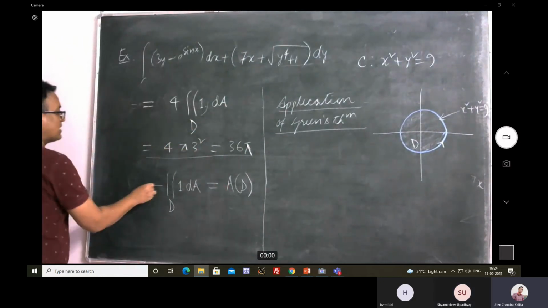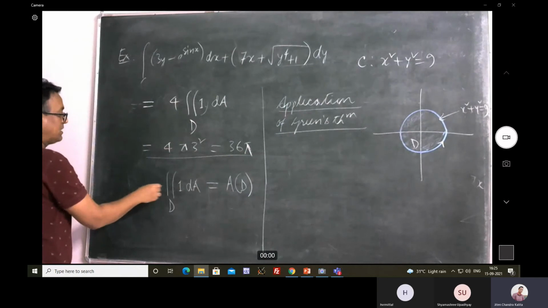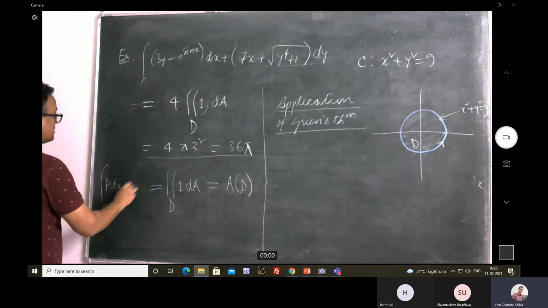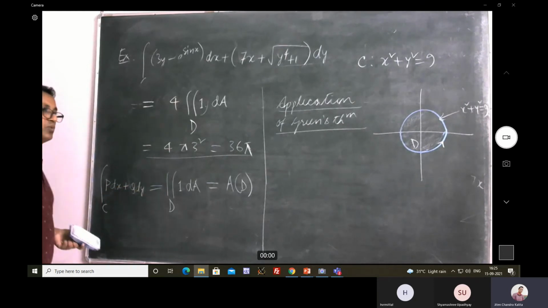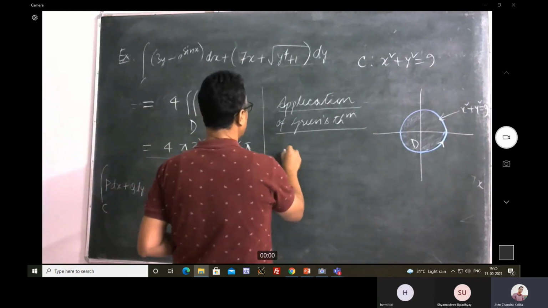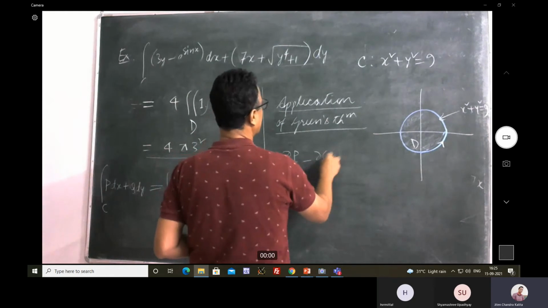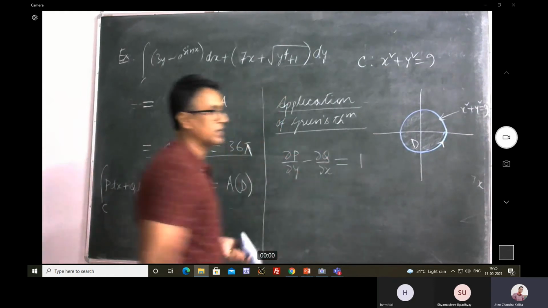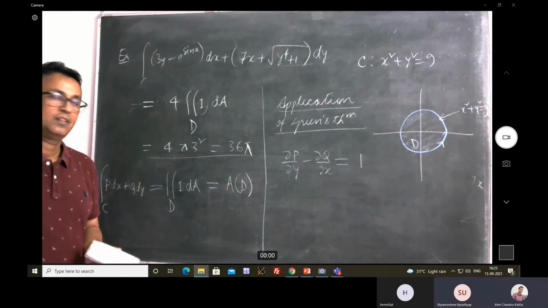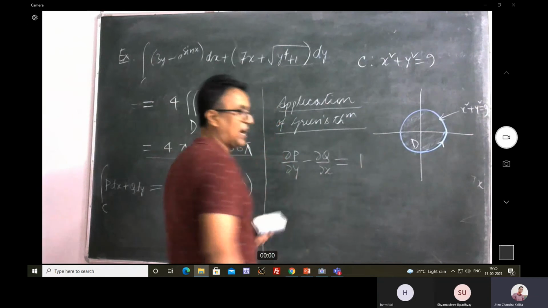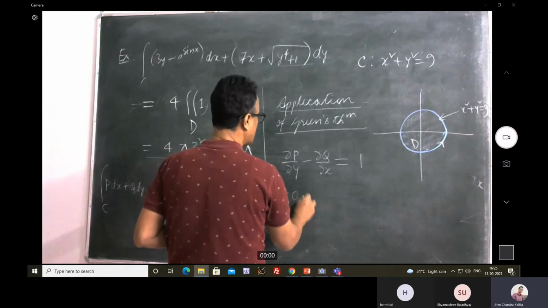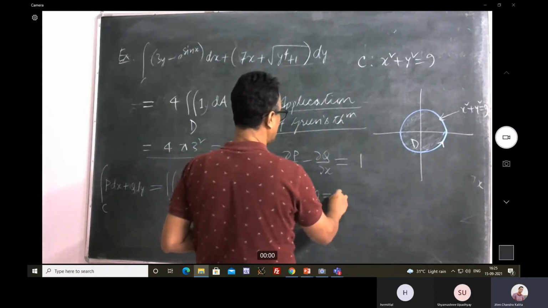So now, if I want to construct it in the form of this, I have to choose P and Q in such a way that del P del y minus del Q del x becomes equal to 1. Yeah. So then I have many possible scenarios. But what I can do is think of P to be equal to 0 and Q to be equal to minus x, isn't it?